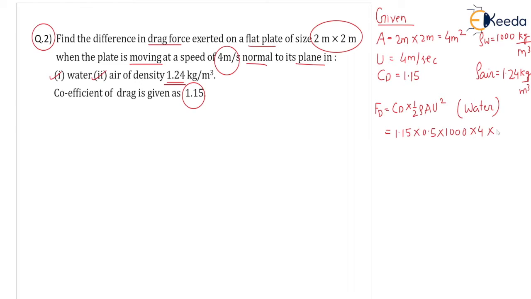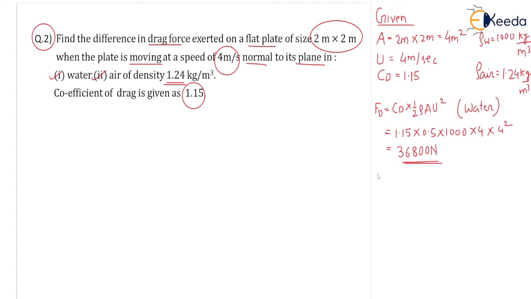Velocity is also 4, so 4 square. So you will be getting total drag force equal to 36800 Newton. No need to convert into kilonewton because it is not asked. So drag force in case of water we have found.